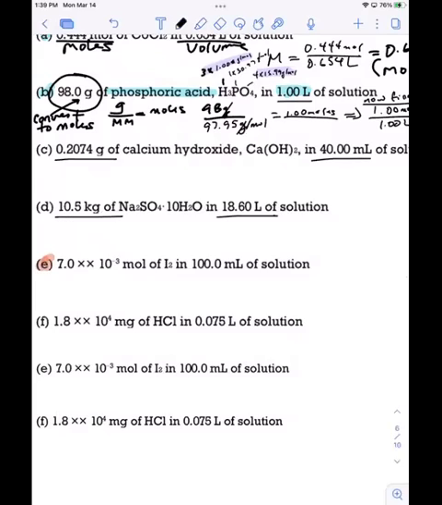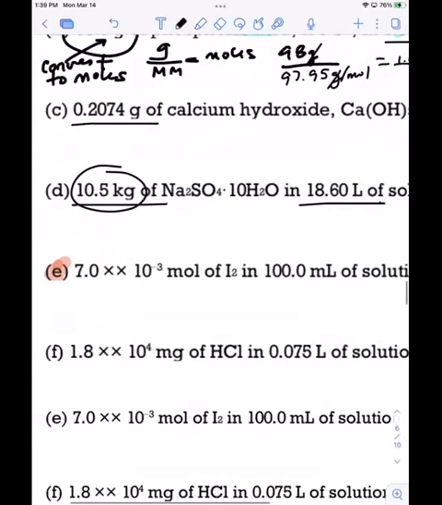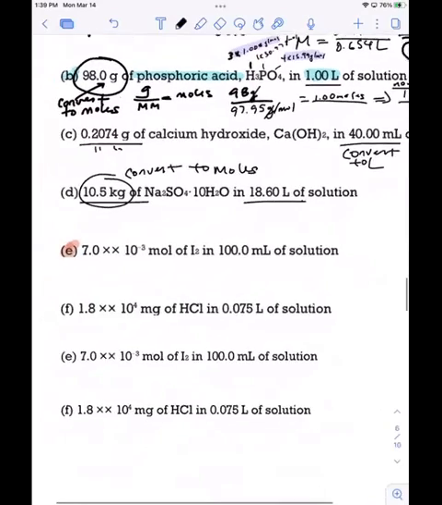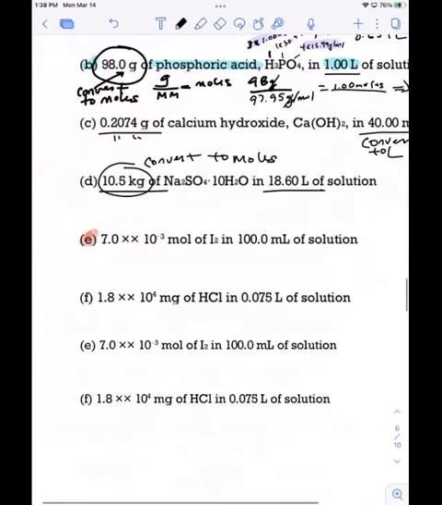Kilograms, you got liters, you're going to have to convert this. And you'll have to do the same thing here. Convert to moles. You're going to have to convert that to liters. So once you get the conversions done, it's just dividing the moles by the volume.